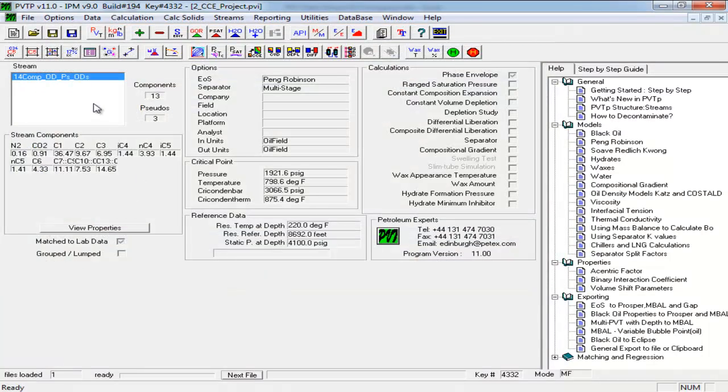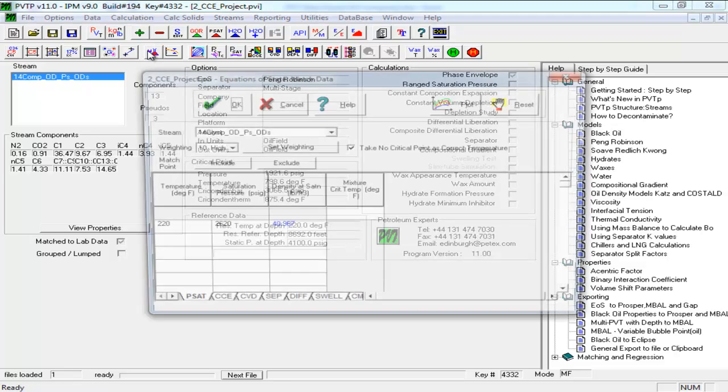So now we have our new project CCE with the last data from saturation pressure. So the first step is to define the CCE data inside this project.